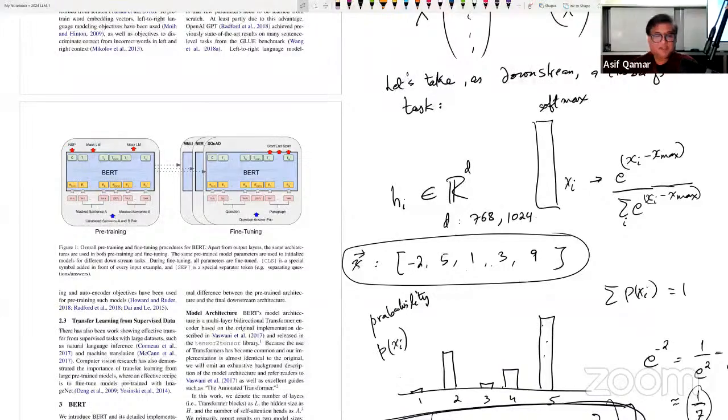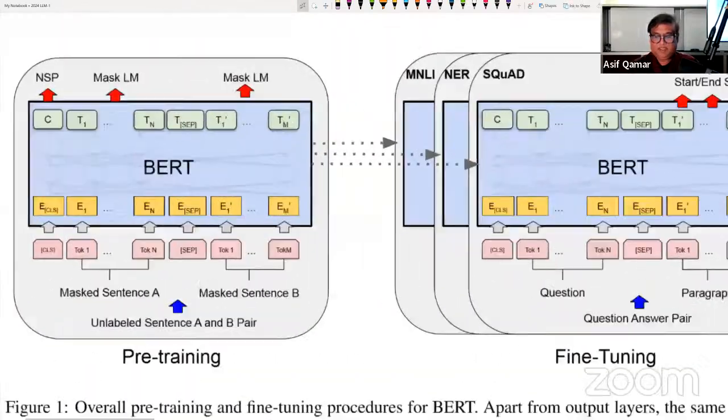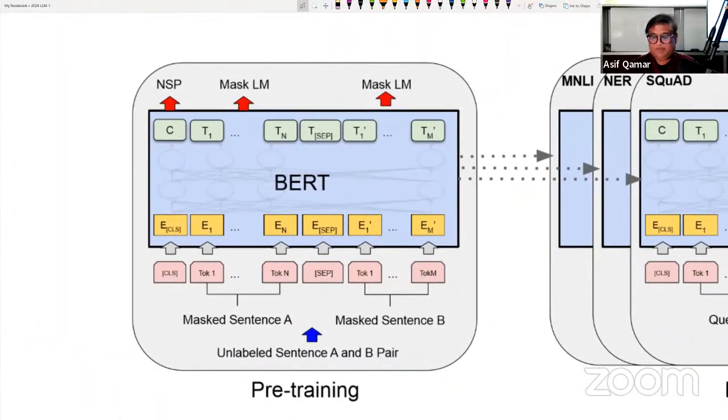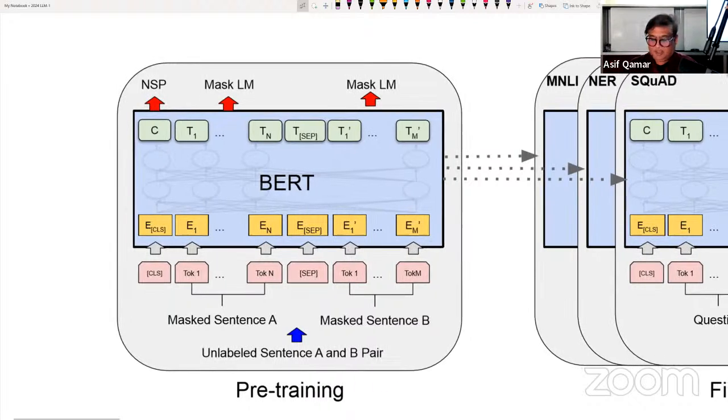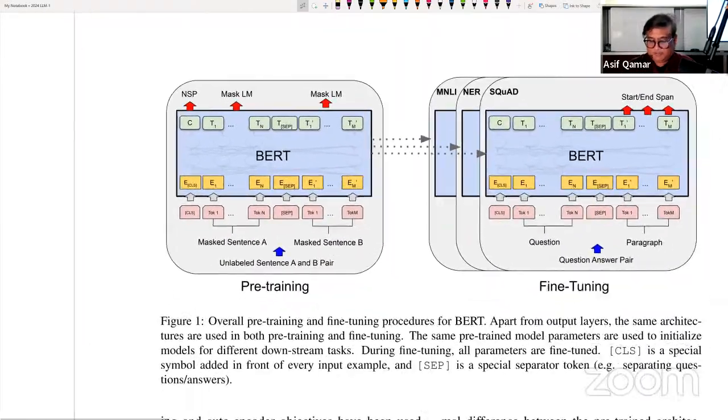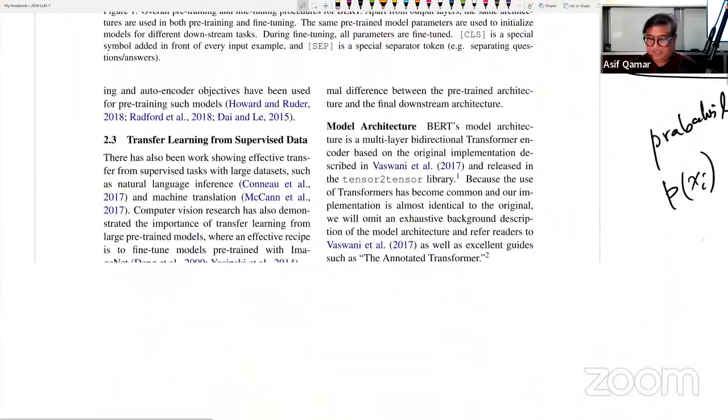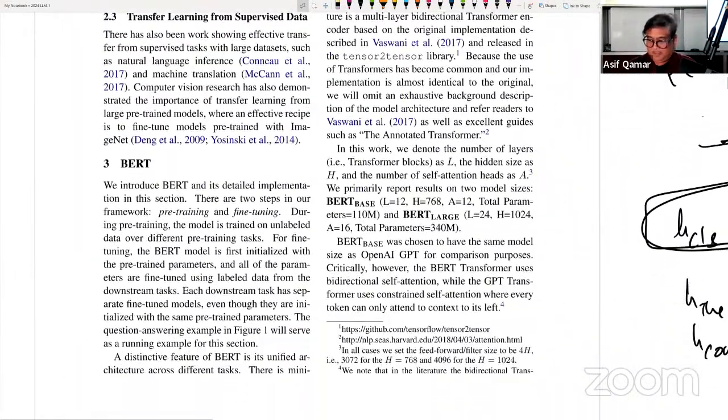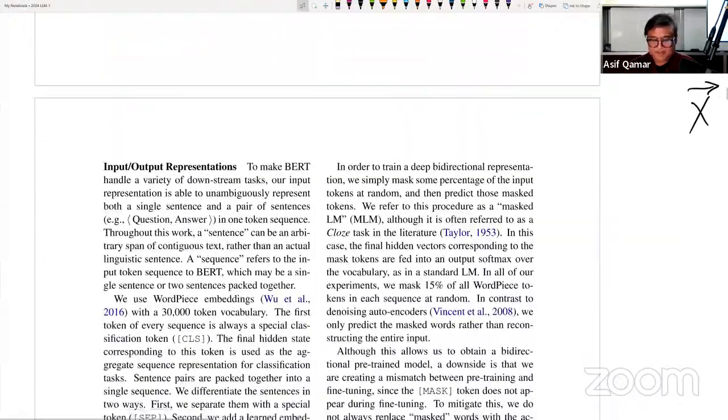Now you got it. So guys, look at the pre-training part, I'll zoom in. They become embeddings, and finally they come out at the end. But the question remains, by the way, look into the paper, I'll leave it to you to tell me or remind me: is CLS baked in?